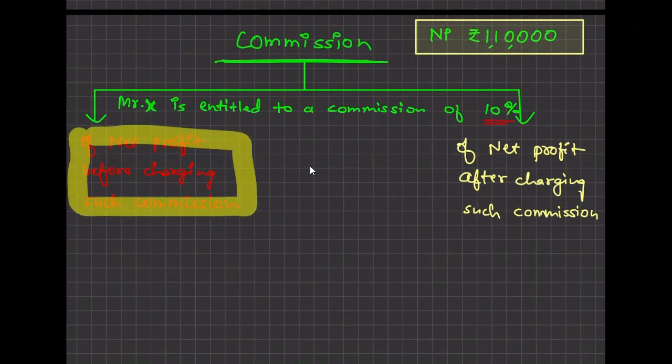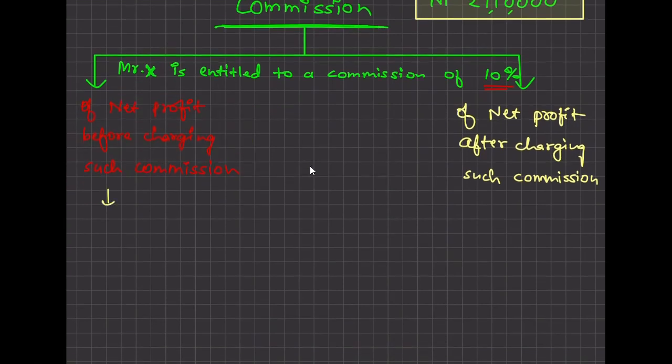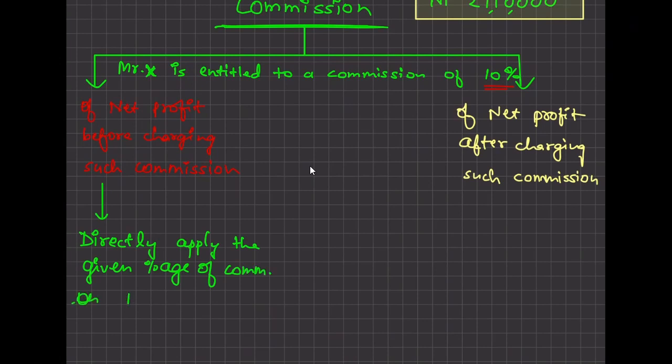When they say that we need to give a commission of 10% of the net profit before charging such commission, that would mean directly apply the given percentage of commission on the net profit, or the amount whichever they are saying.